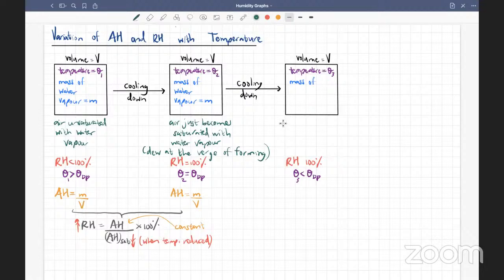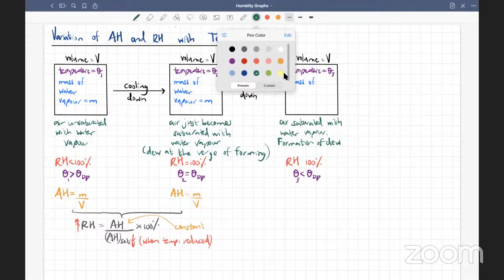So what happens there is air is saturated with water vapor, and what else will be the observation? Formation of dew. That's a very important observation. Formation of dew is a vital point here. If dew is formed, what will happen to mass of water vapor, people?